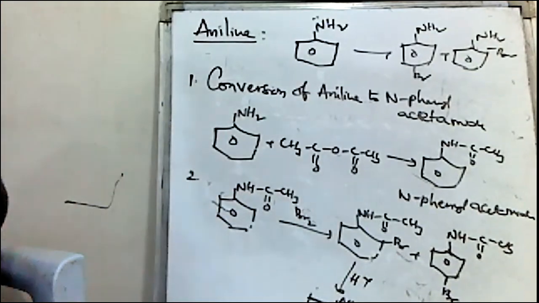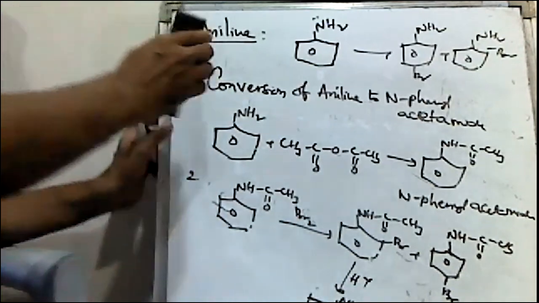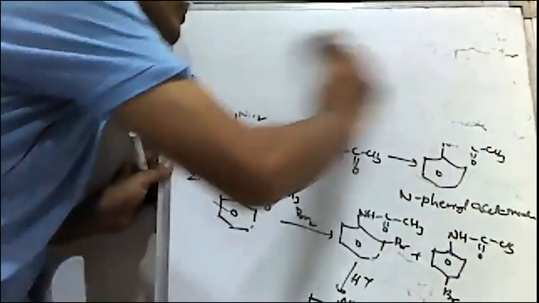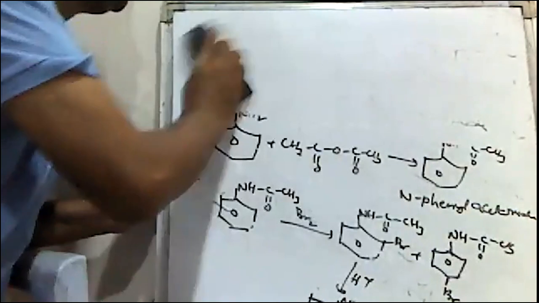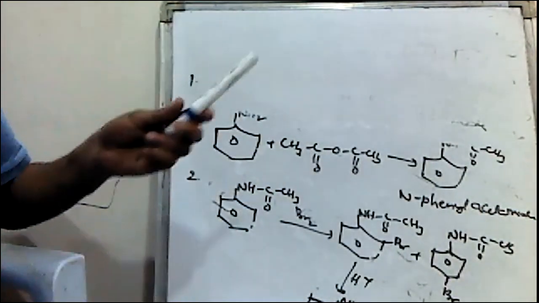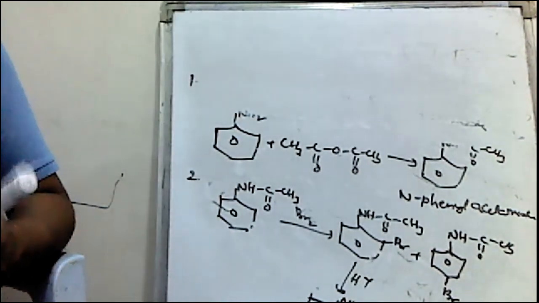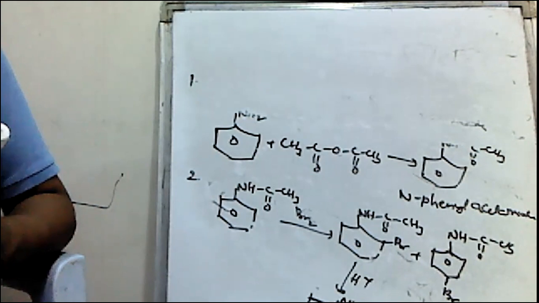So during the reaction with acetyl chloride or acetic anhydride, what is happening? The basic idea is that due to the high reactivity of the NH2 group, when aniline is treated with bromine water, it forms 2,4,6-tribromoaniline.